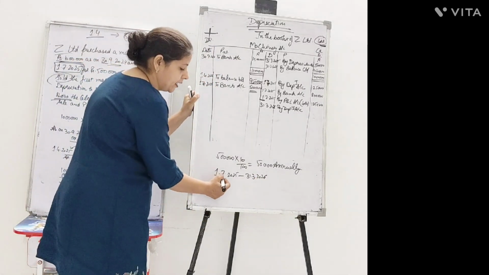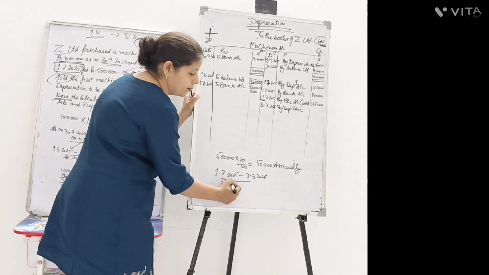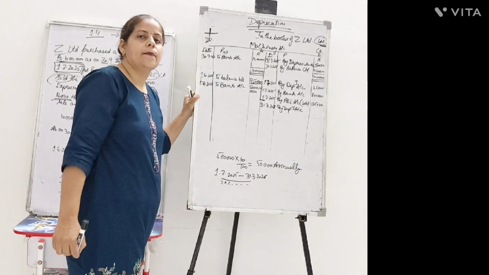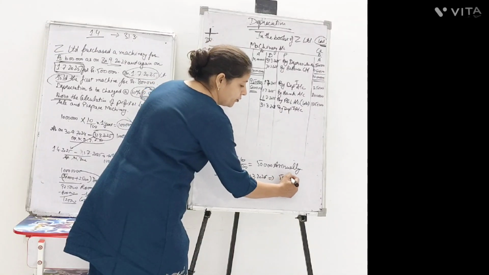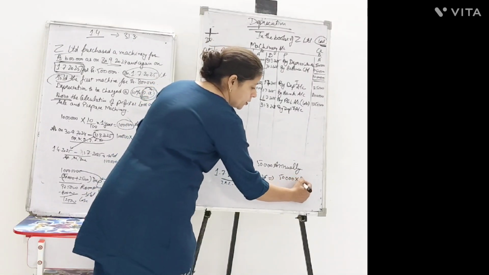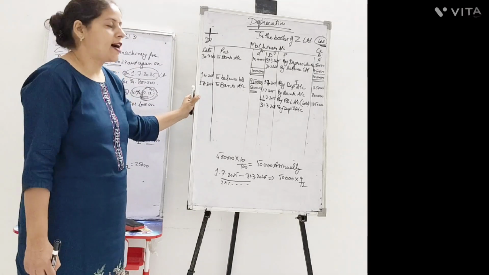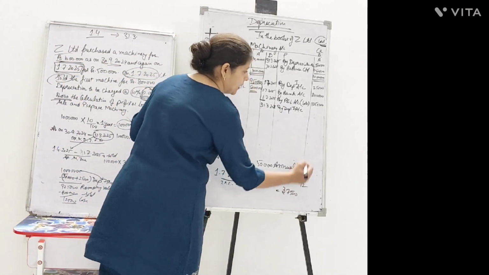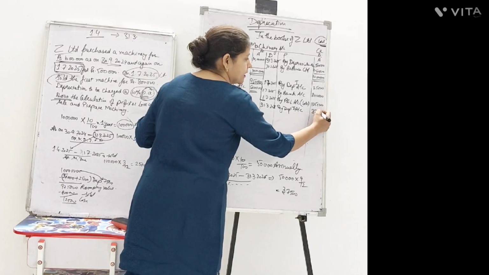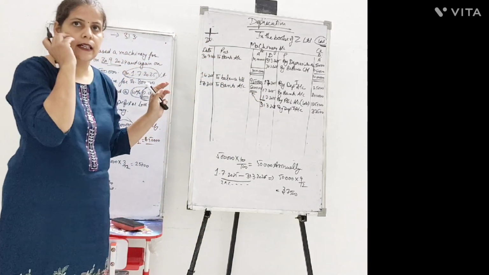From July till March, that is July, August, September, October, November, December, Jan, Feb, March, we got a total of 9 months. So 50,000 into 9 divided by 12. So what is the value of depreciation here? 37,500 is the depreciation on the newly purchased asset, right?